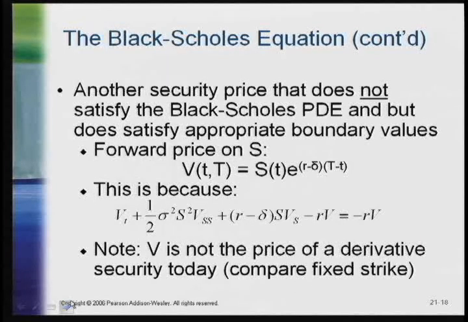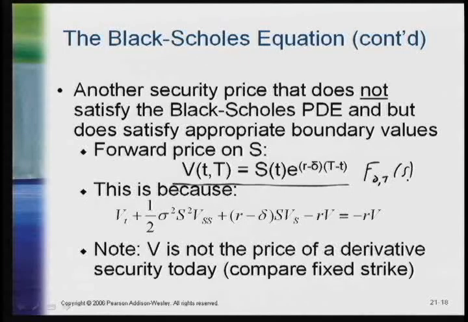Another security that you might intuitively think satisfies it is a forward contract, the forward price on S. It's easy to think that the forward price on S should satisfy the differential equation, but remember, a forward price, this is F_0,t on S, is not a value of a contract today.